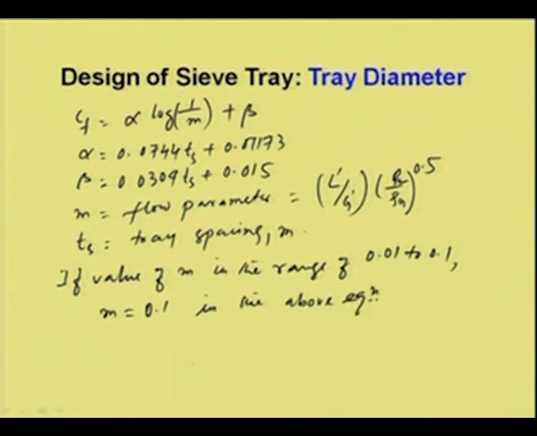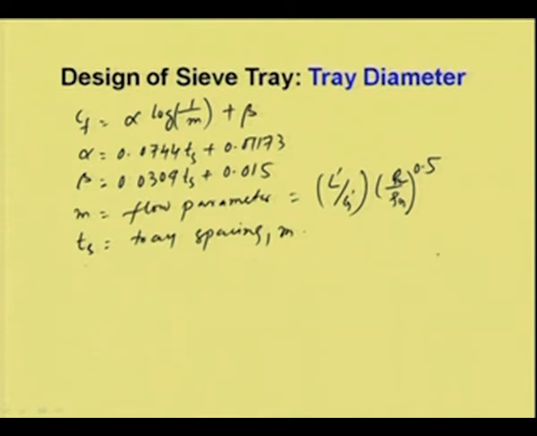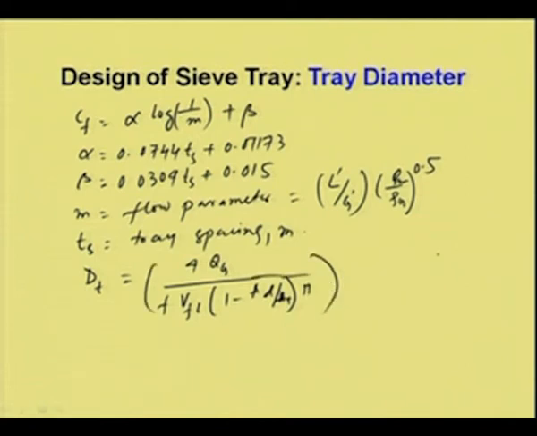So then we can calculate the diameter of the tower as (4 Q_g by (F V_FL into (1 minus A_D by A_T) into pi)) to the power half. Q_g is the volumetric flow rate of the gas.